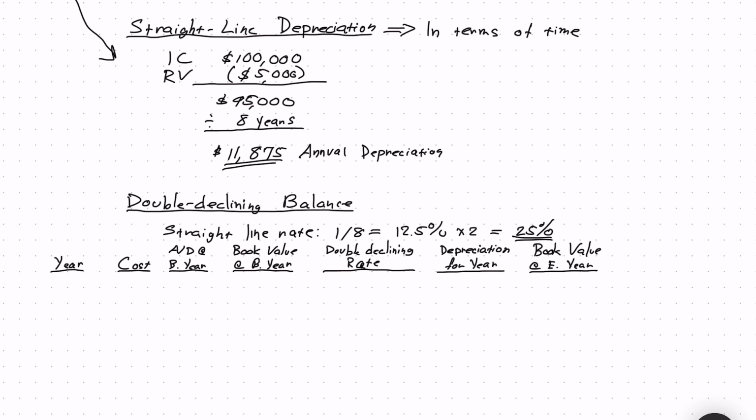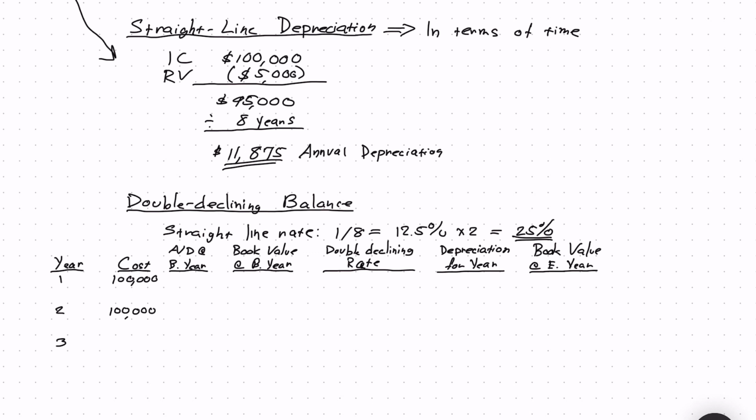So we're going to see that we're going to have year 1, year 2, and year 3. The cost is going to be what we ended up paying for it, or the initial cost of this asset. For this one, it's not going to change. We're going to continue to recognize it as that $100,000 for each year because that cost never changes.